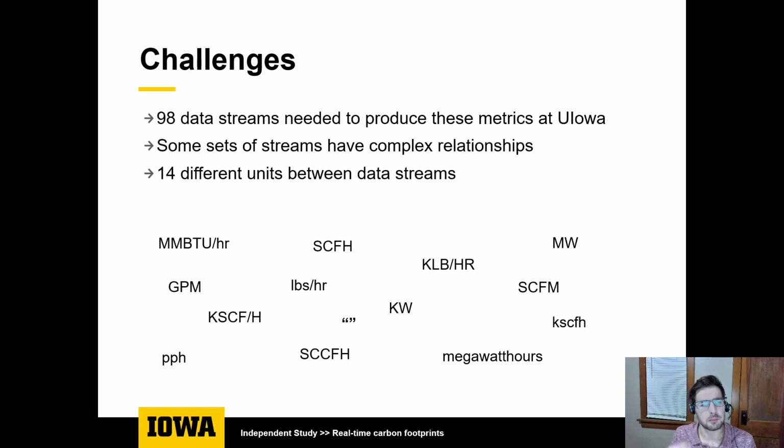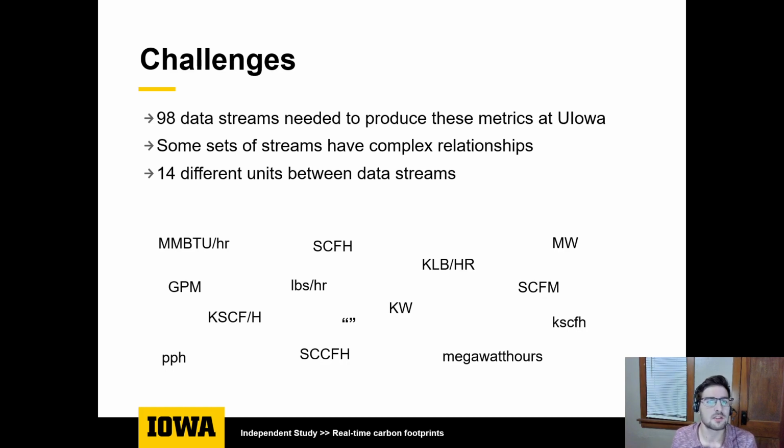And a couple data streams also come from EIA.gov, so we can get electric grid-related information. So there's a lot of data streams, and we have use cases to add even more data streams, but our current model is at 98.